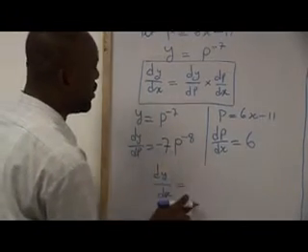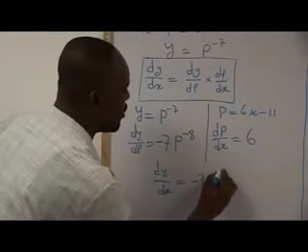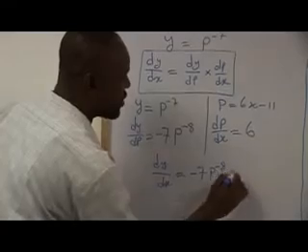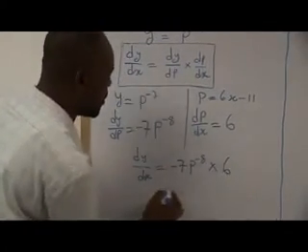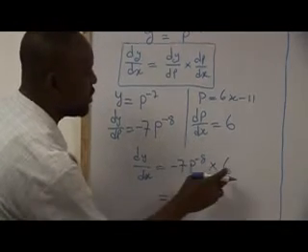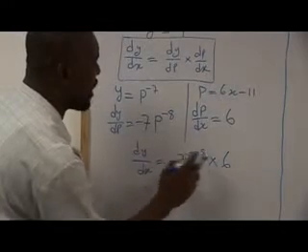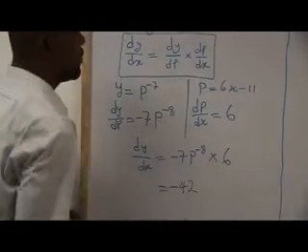The dy dp, which is minus 7 p raised to the power minus 8. That's this line. Times the dp dx. The dp dx is 6. I say, okay, the dp dx, 6, the dy dp, minus 7 p raised to the power minus 8. 6 times minus 7 gives me minus 42.